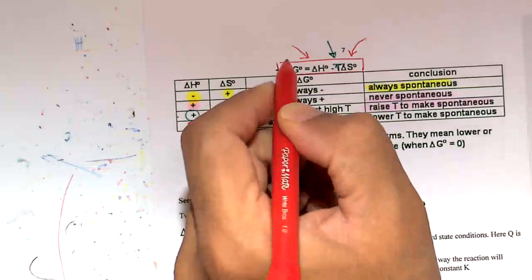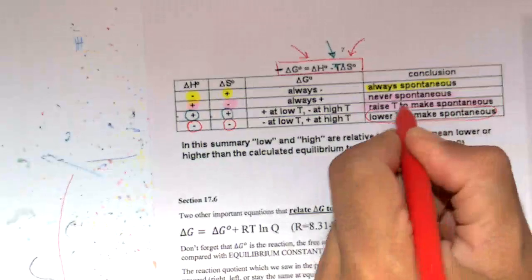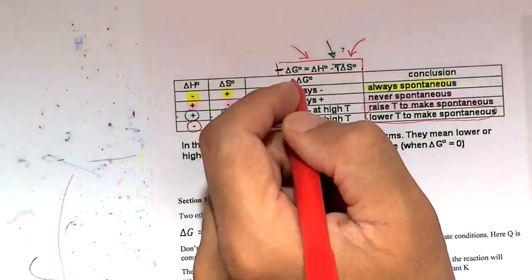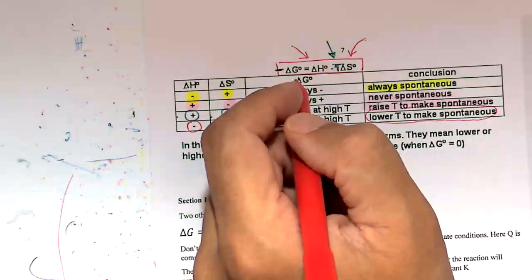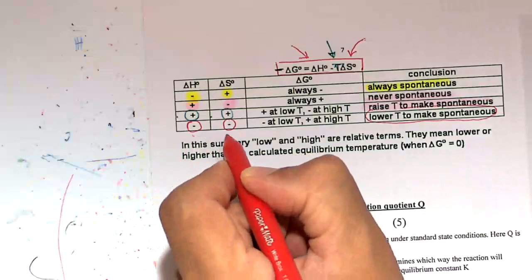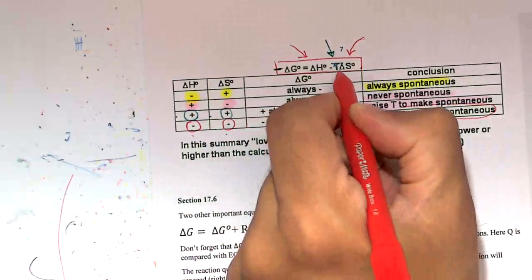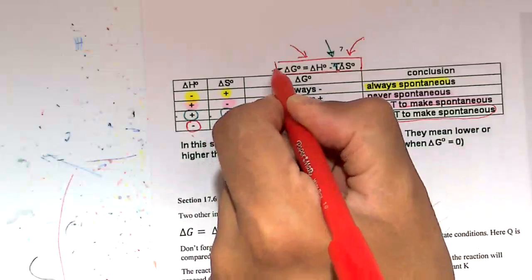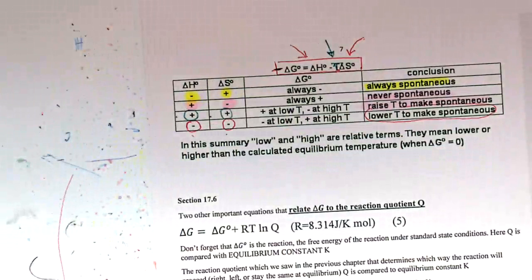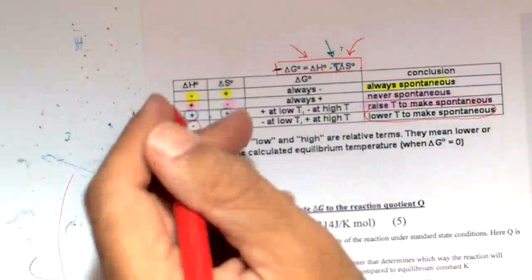To get the delta G negative, you have to lower the temperature. The thing you need to do is get the delta G negative to make the reaction go to products. But if you're enthalpically favored and entropically disfavored, you lower T to get this negative. So that's how this works.